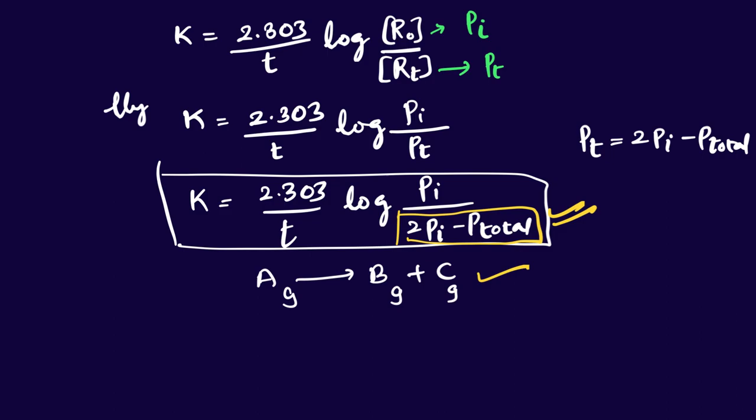One more example I will give, then you will understand how to derive this pressure at T time. Before, the equation I gave was A gives rise to B plus C, where all stoichiometric coefficients are 1, 1, 1.